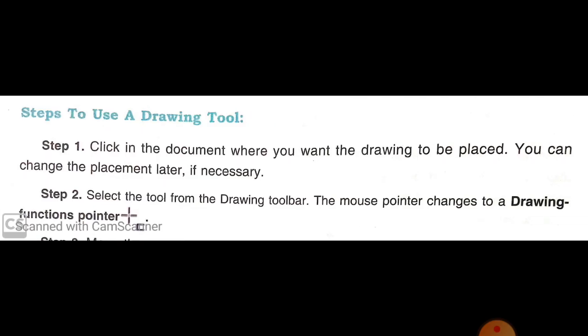Now, steps to use a drawing tool. Step 1, click in the document where you want the drawing to be placed. You can change the place of the drawing if necessary.